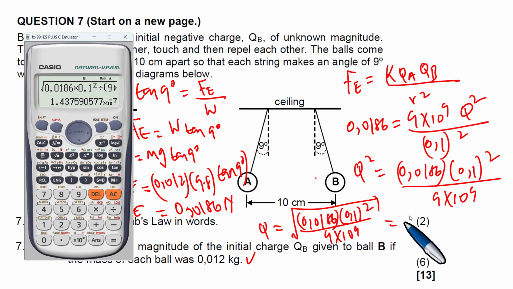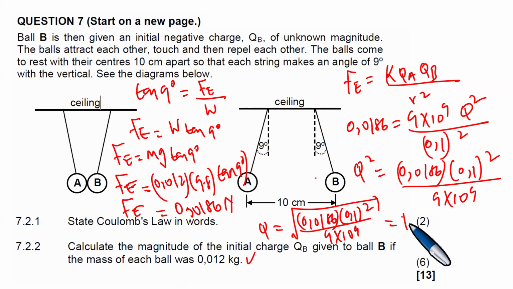So you're getting the charge to be 1.44 times 10 to the minus 7 coulombs.